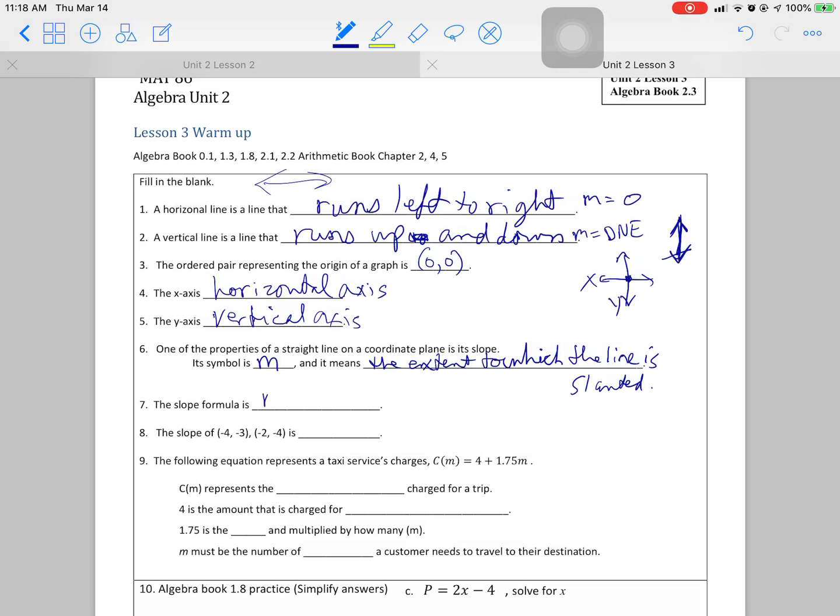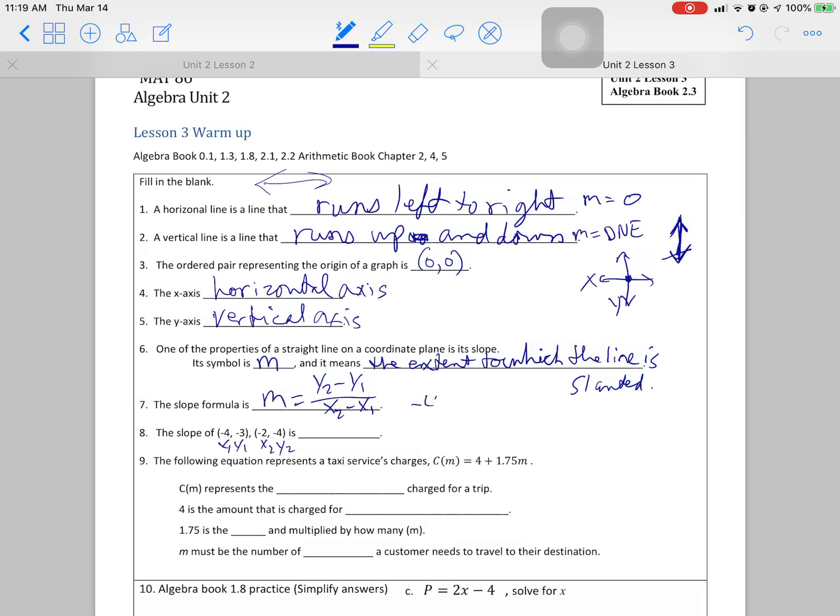The slope formula, m equals y2 minus y1 over x2 minus x1. What is the slope of the following? Let's see. So this would be x1, y1, x2, y2.